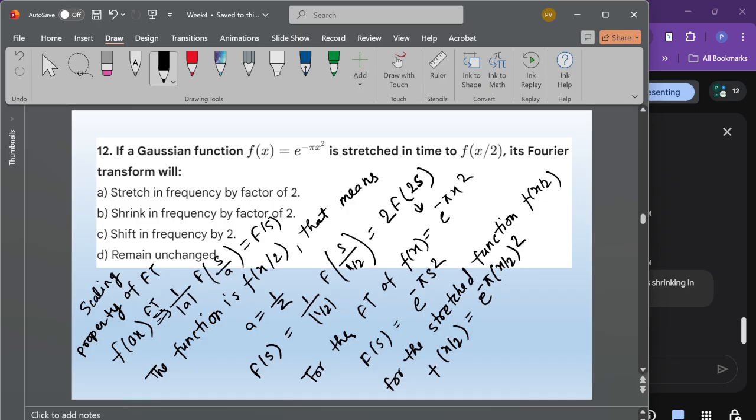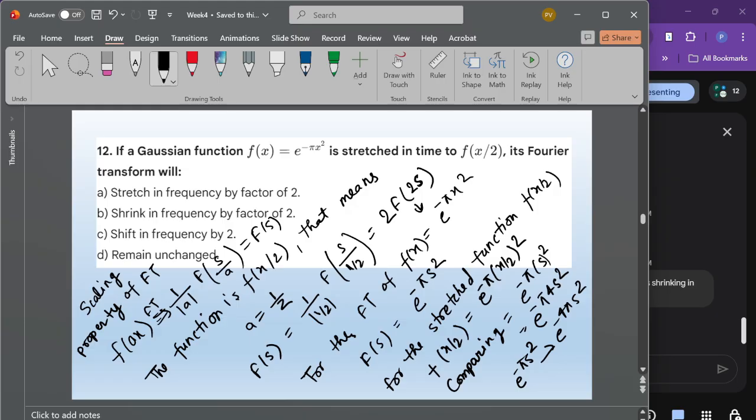Now putting it in the frequency domain, you would get e to the power minus pi s square. But if you stretch this in the frequency domain, you get 2s, so you will get 4 s square. Similarly, e to the power minus pi s square becomes e to the power minus 4 pi s square, right?